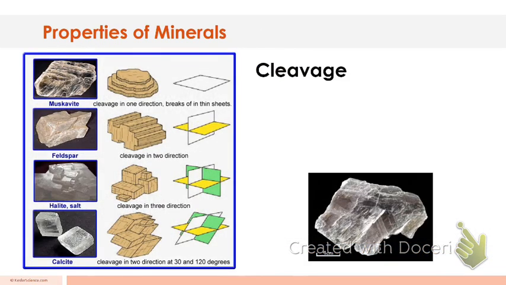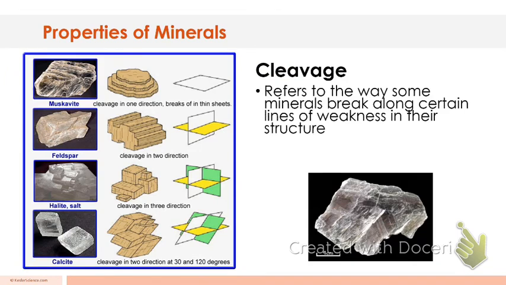All right, cleavage is referring to the way a mineral breaks when it's just kind of tapped with a hammer. And if it breaks in flat planes that are at specific angles to one another, we say that that mineral has cleavage. So you can have all 4 of these different types in the diagram on the left-hand side.